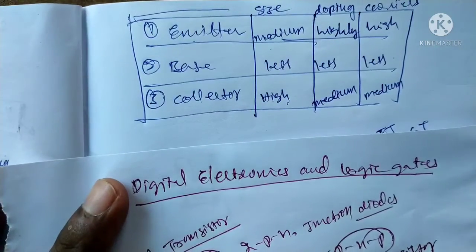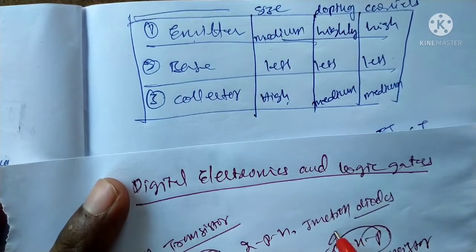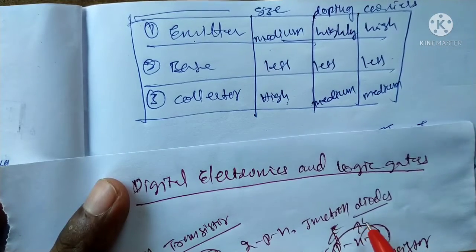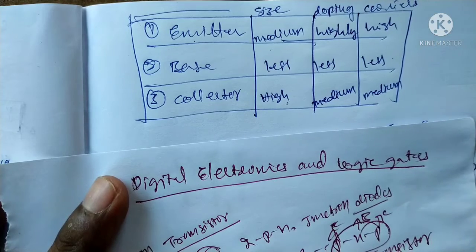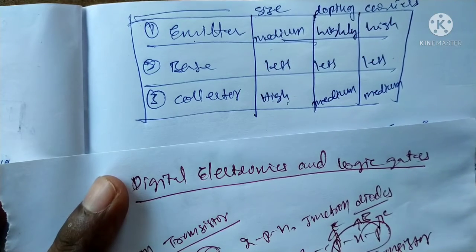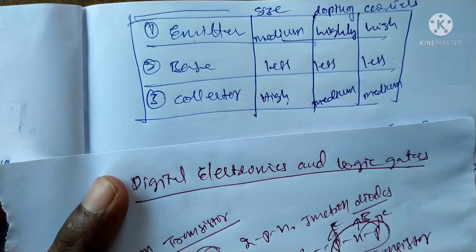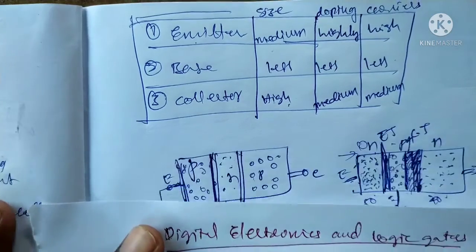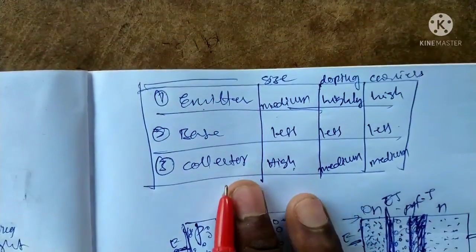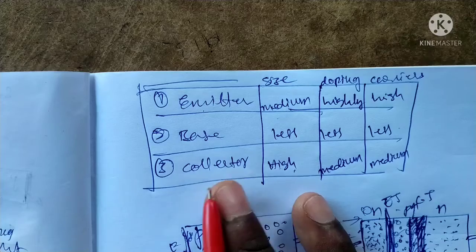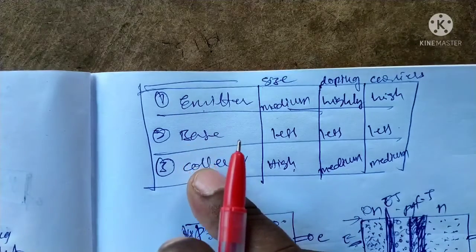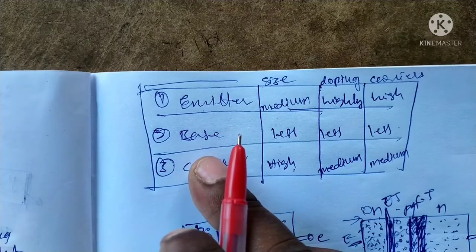In a PNP, P is the emitter, N is the base, P is the collector. In an NPN, N is the emitter, P is the base, N is the collector. Now we discuss what the base, emitter and collector are.